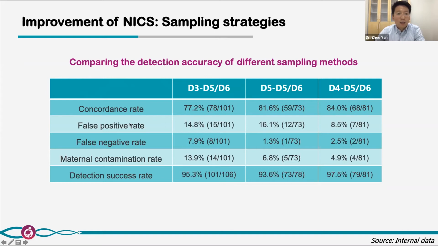You also see the false positive rate drop from almost 15% to almost half of that, 8.5%. Similarly, the false negative result also drops using this new approach, and the major concern of false negative results contributed by maternal contamination can go down to less than 5%. The detection rate remains the same for all 3, but the day 4 onwards sampling method allows it to improve to almost 98%.